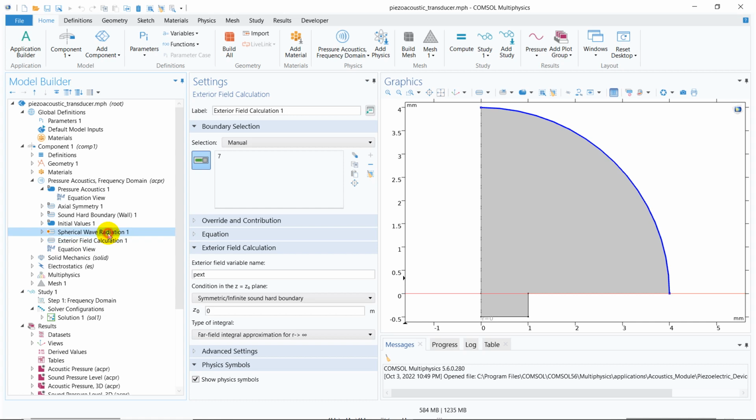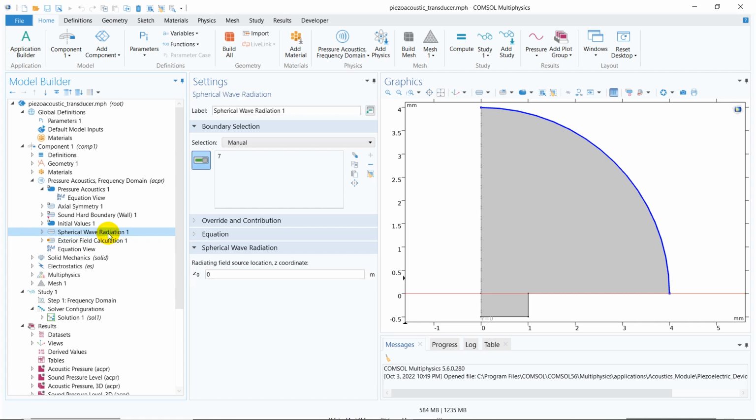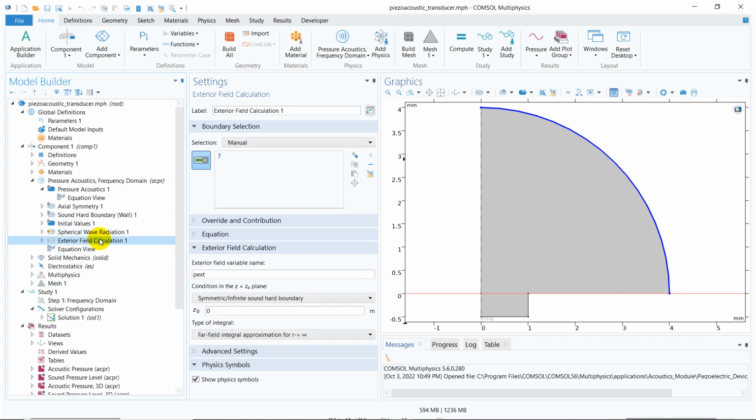Then you have the spherical wave radiation condition, where sometimes we go for PML, sometimes we go for this particular radiation form. This is exterior field calculations. So this is exactly what external pressure we have kept.